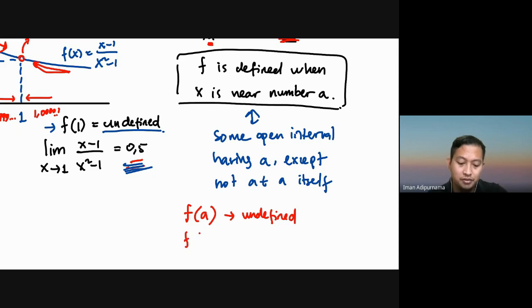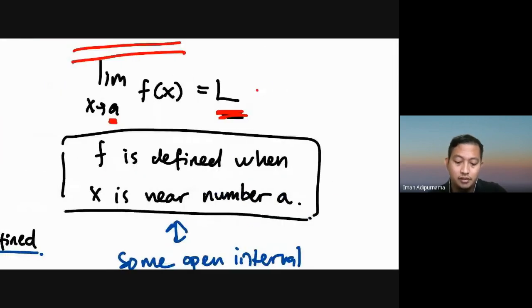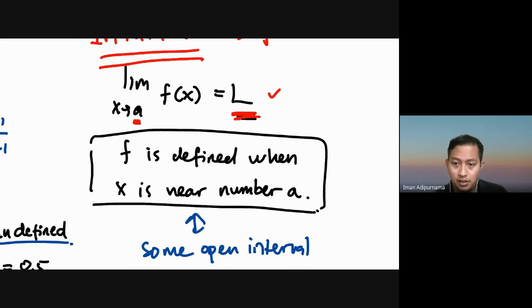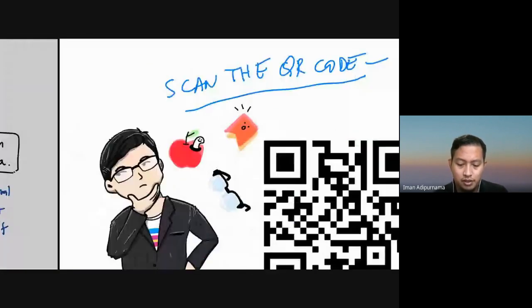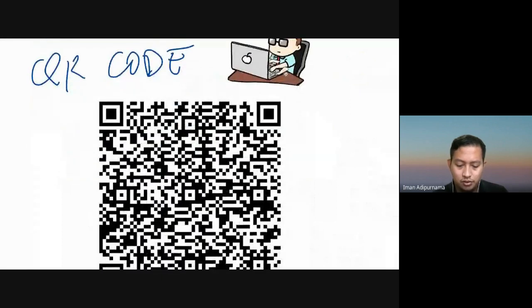It can also be defined as a number. It doesn't matter. In limit, they both have a number that is L. I will go through some examples and more elaborations on what limit is. So let's start the course.